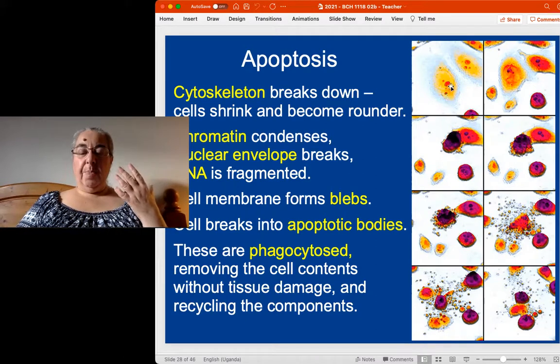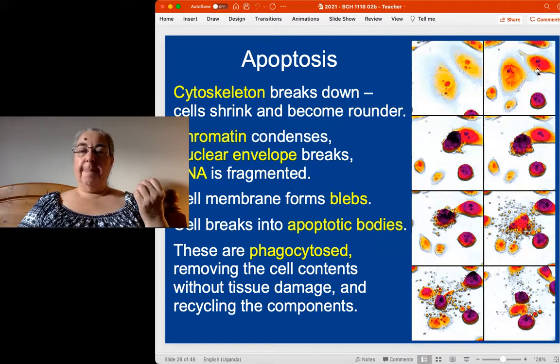So when they are broken down, when they are returned to their protein monomers, the cell loses that shape and it becomes rounder. So here you can see these two cells. Here they're looking relatively normal, and here they're becoming rather rounder.